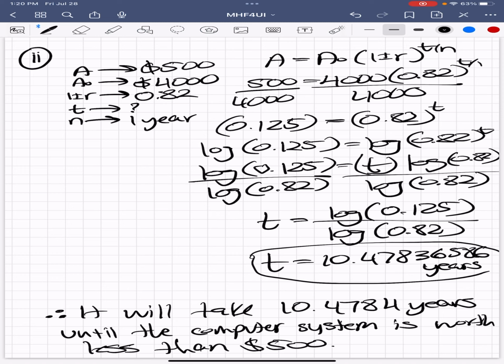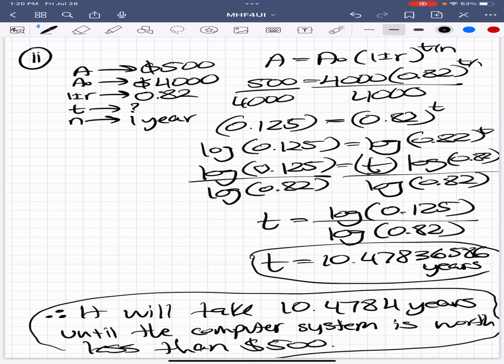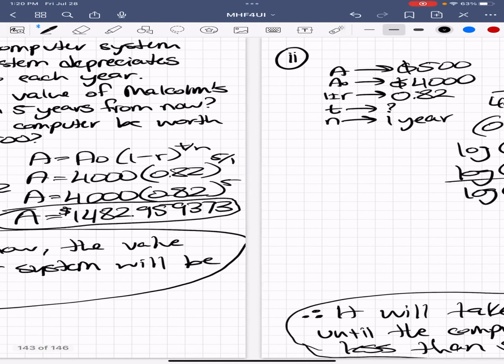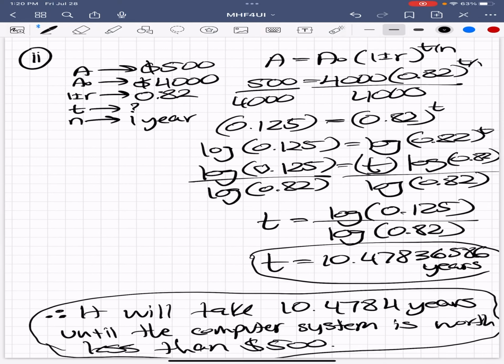So it will take 10.4784 years until the computer system is worth less than $500. There you go, we circled all of our answers. Okay.